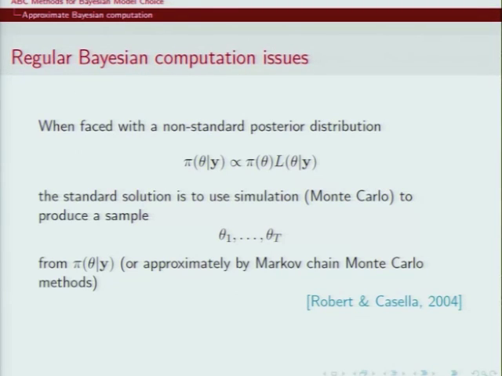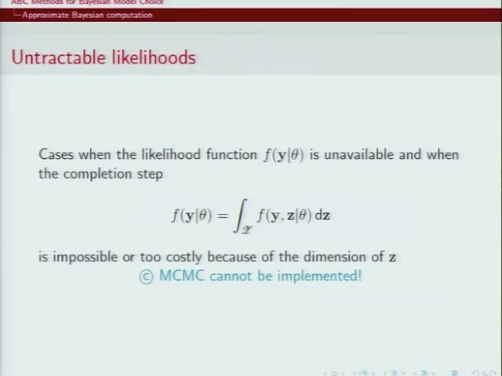So the starting point for doing ABC is that there are cases where the standard approximation tools based on Monte Carlo methods, namely producing a sample that is roughly from the target distribution, in the Bayesian case, a posterior distribution, is not possible because of the complexity of the likelihood function.